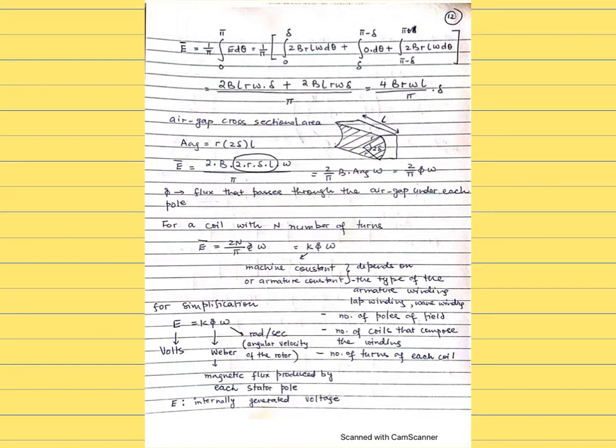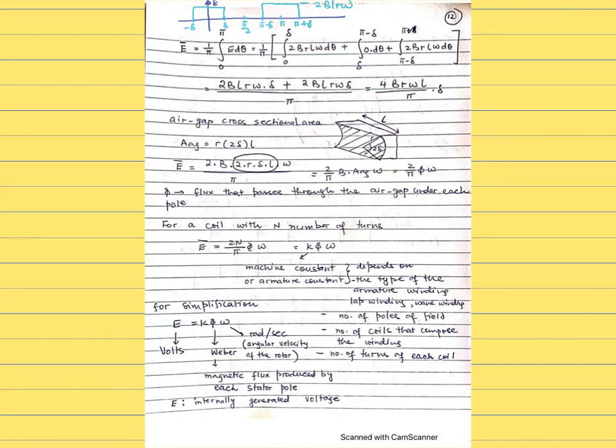So this is how the graph looked. All right, and this value is 2BLRω.